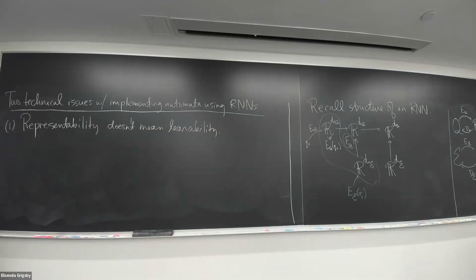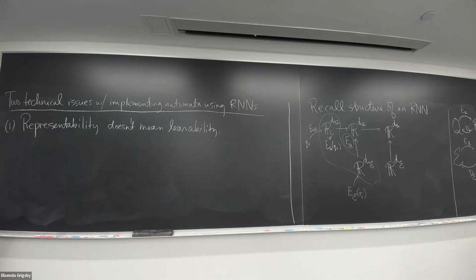In other words, you can write down a set of parameters that works for implementing a particular automaton up to some level. But if you're actually trying to learn the automaton, you're training a neural network to learn parameters, and you don't necessarily know that it's going to find the ones that you wrote down.